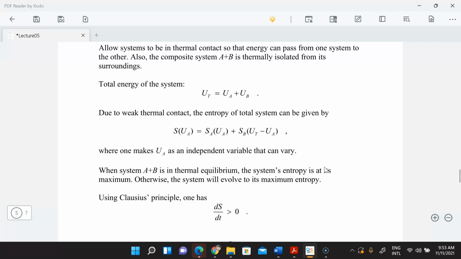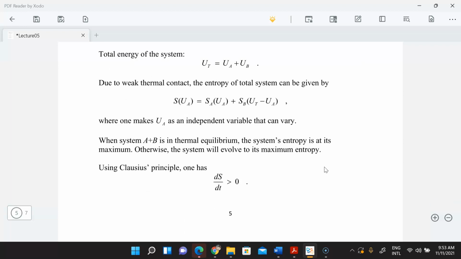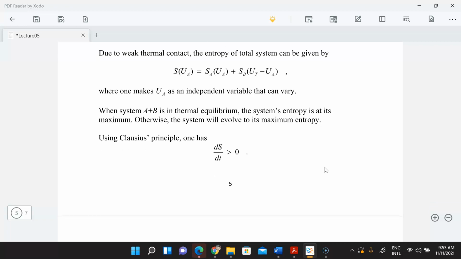If you want to see how the process changes with time, then we can use the Clausius principle again, or the law of increasing entropy, so that the derivative of the entropy with respect to time has to be greater than zero, because your entropy is always increasing. So I can now differentiate this equation.